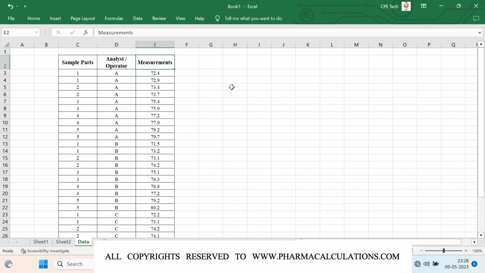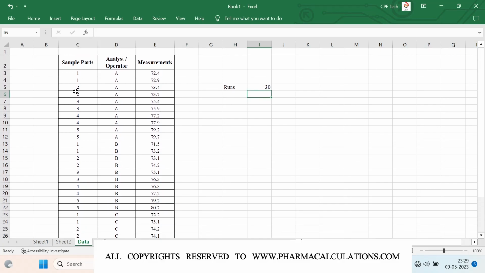The total number of analyses or runs is going to be 3 operators times 5 samples times twice. So there will be a total of 30 measurements. So here I got the measurements.